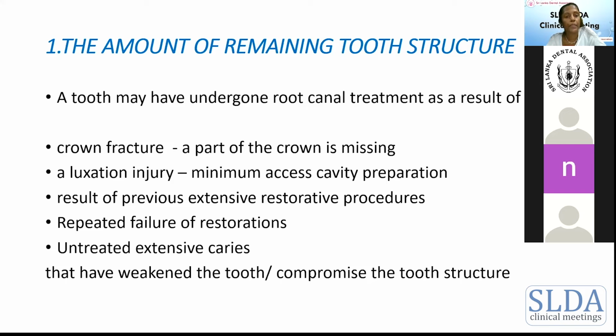So in all these instances, the tooth is weakened and has a compromised tooth structure. Whereas in luxation injury, where the tooth has become non-vital, there is a minimum loss of tooth structure due to excess cavity preparation. Therefore, in most of these instances, the root canal treated tooth has a very compromised tooth structure.